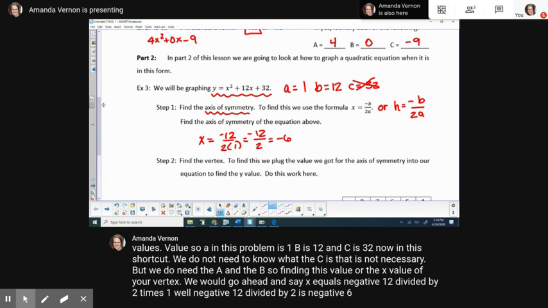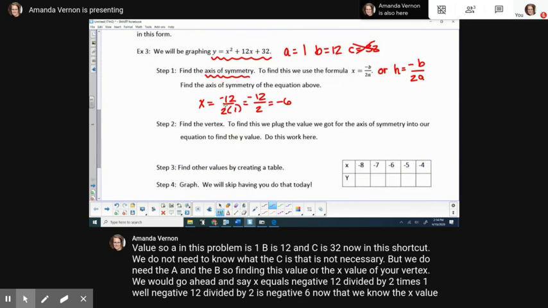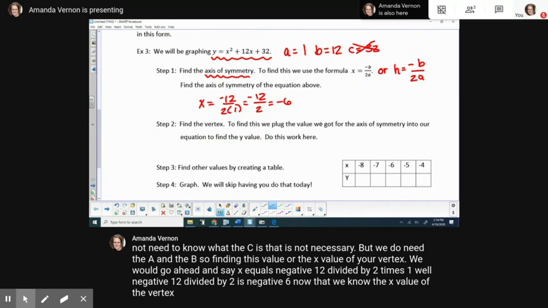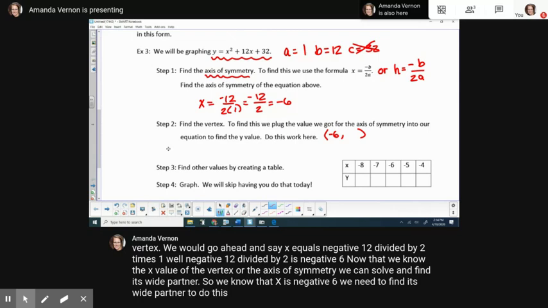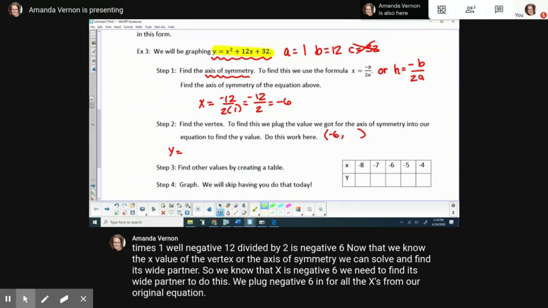Now that we know the x value of the vertex, or the axis of symmetry, we can solve and find its y partner. So we know that x is negative 6. We need to find its y partner. To do this, we plug negative 6 in for all the x's from our original equation. Remember, this is the equation we are working with.